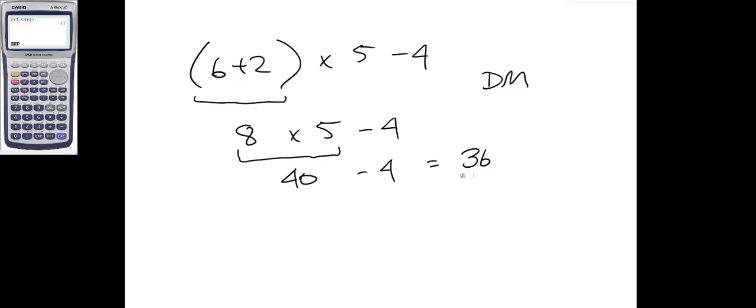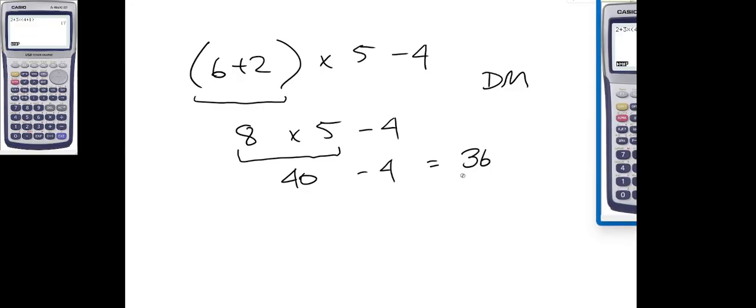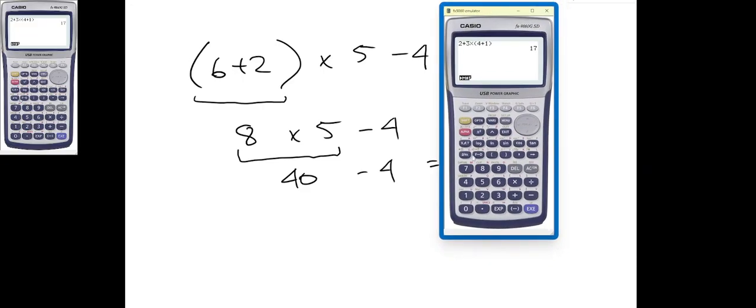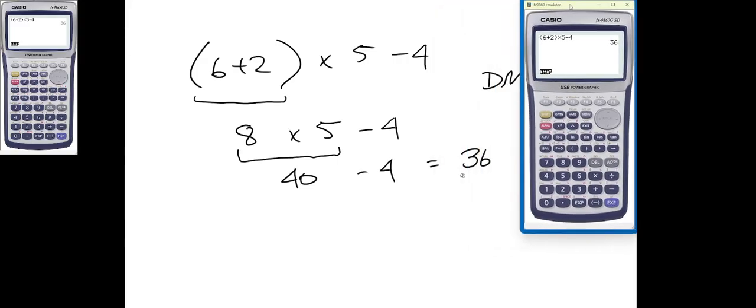Let's bring over the calculator to prove that. All clear. 6 plus 2, close brackets, times 5 minus 4 equals 36, which is what we got.